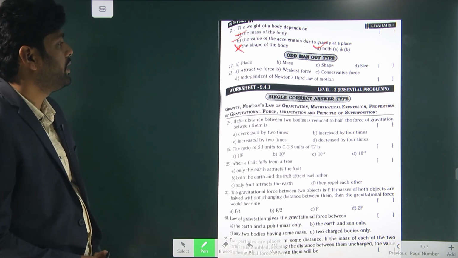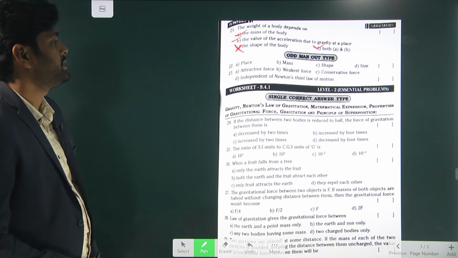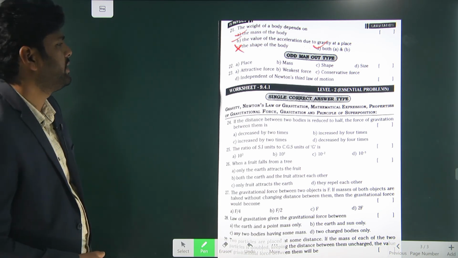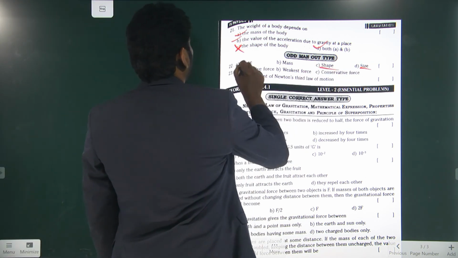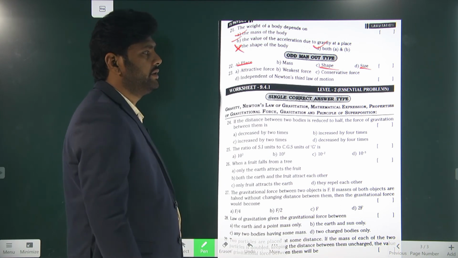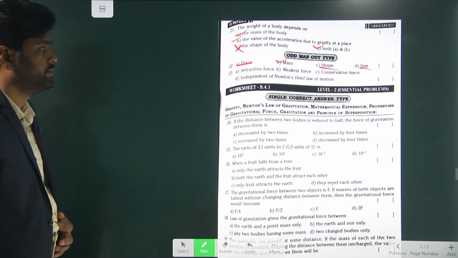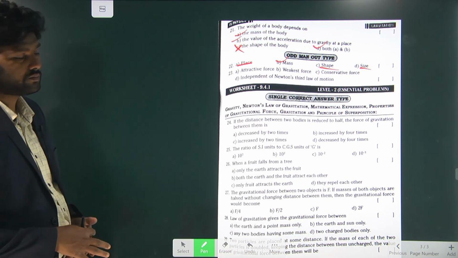Next, place, mass, shape, size. Actually, these are representing the independent of the mass, and this is representing the dependent quantity. So B is the right answer.